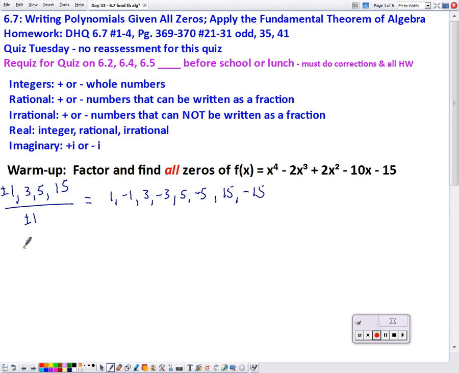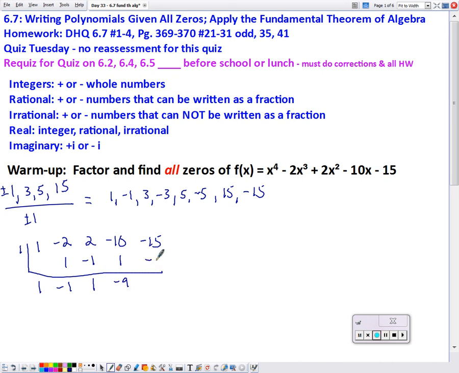And we're going to start by testing these rational zeros using synthetic division. So we've got 1, negative 2, 2, negative 1, negative 10, and negative 15. If we drop down the first one, multiply across, bring down, multiply across, add down, multiply across, it's looking like it's not going to be 1.